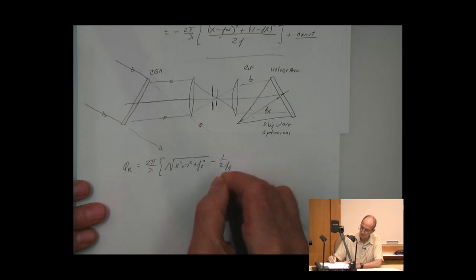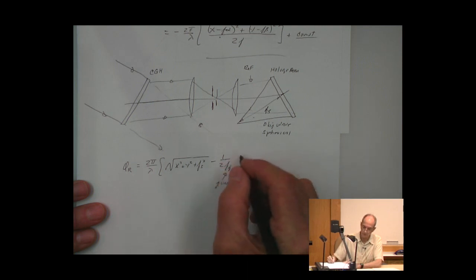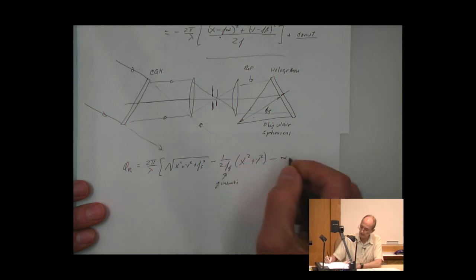So this is for the quadratic, the focus for the quadratic. And we have to do a little bit of something else here. I'll explain in a second. x squared plus y squared, and we're only going to tilt it in the x direction, so we have a minus alpha x there.